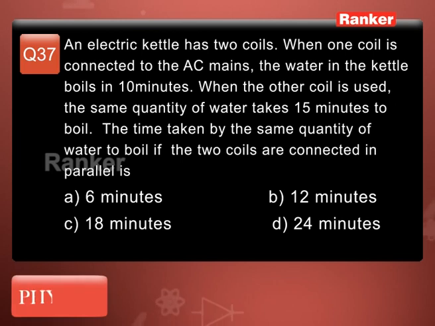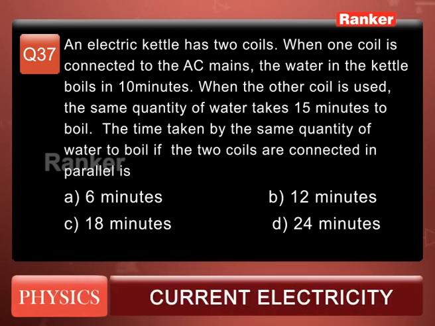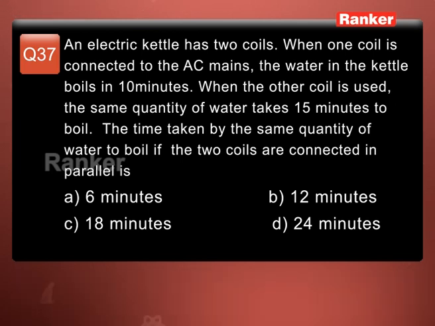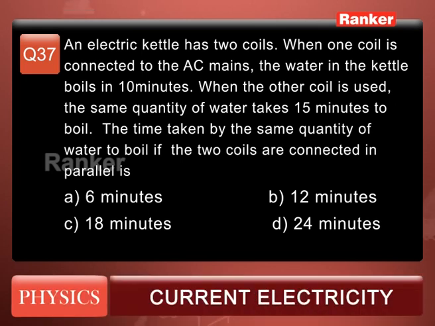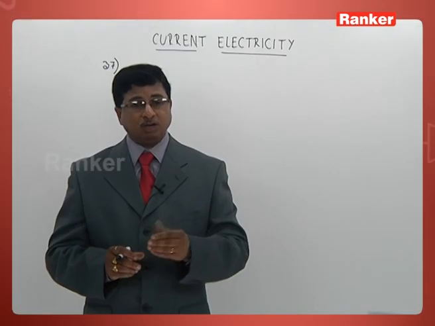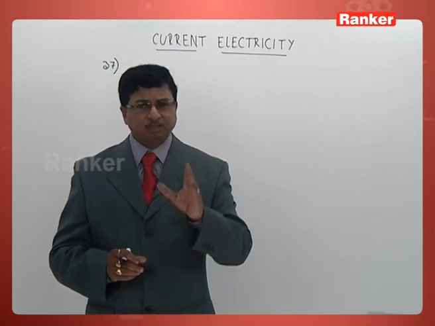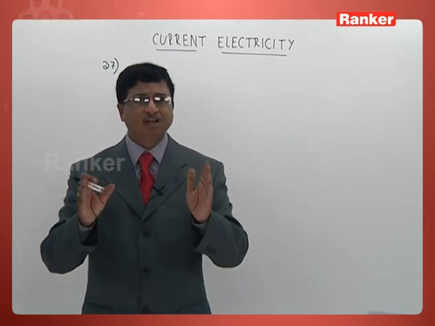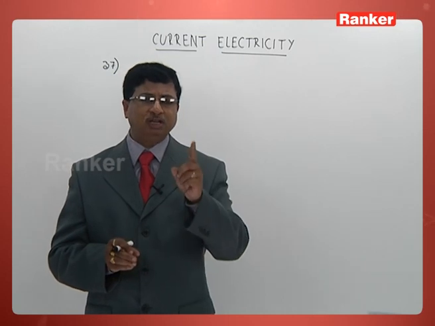If you look at the options carefully, the first option is the only one given as 6 minutes. The second is 12, the third is 18, the fourth is 24. So what can we understand here? The first option itself is the correct option for us. It takes simply 6 minutes.